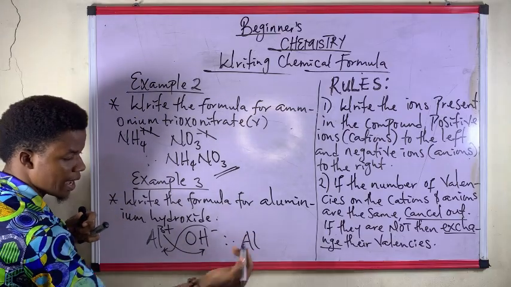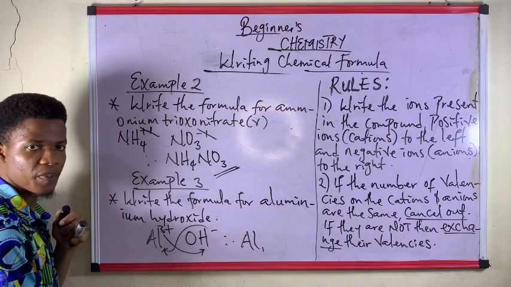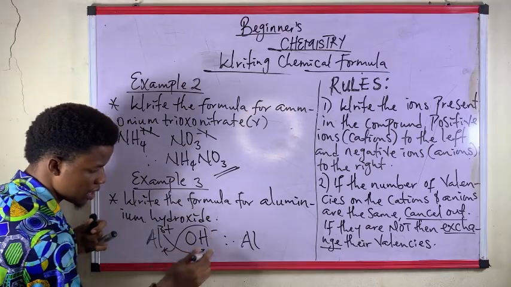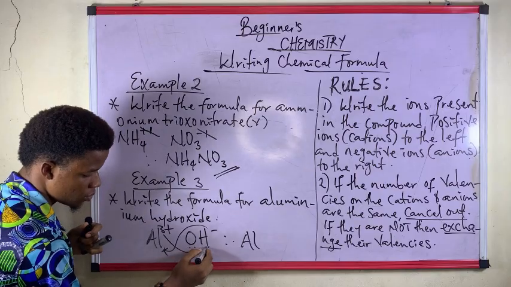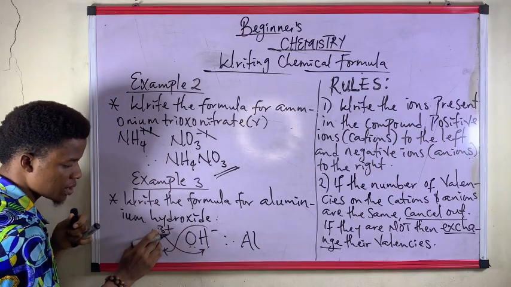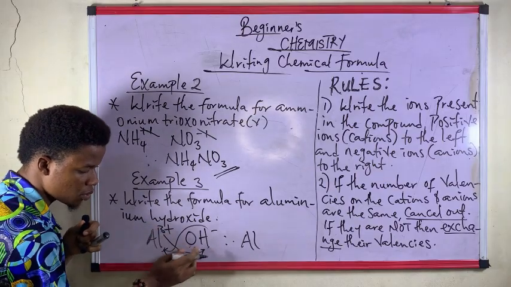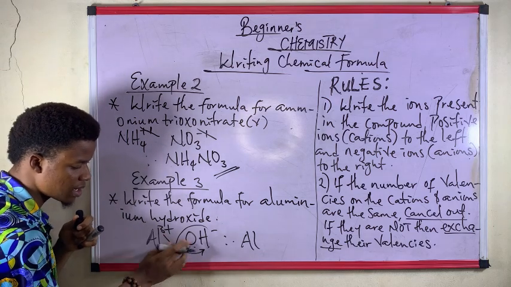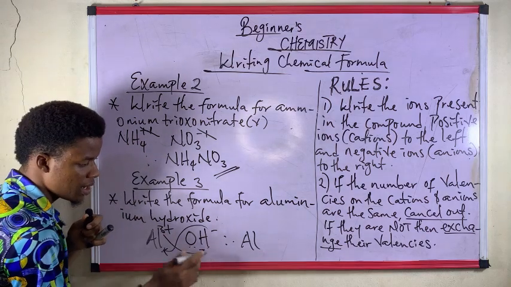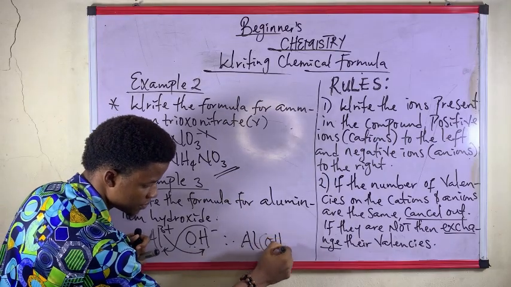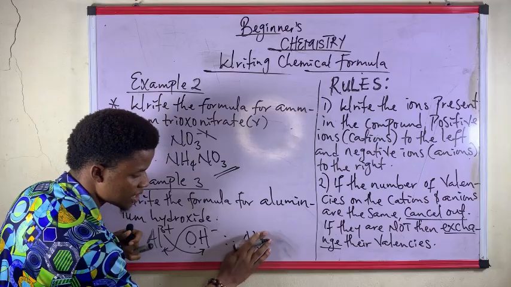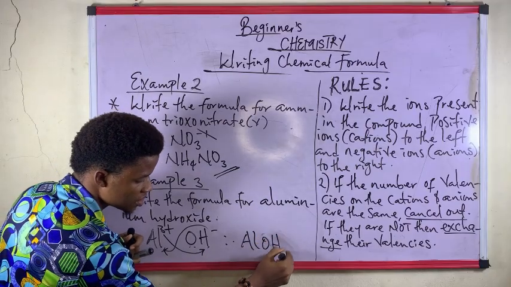Al. Now, like I said before, you cannot put 1 here. That doesn't make sense, right? So Al. Now these two are going together. This 3 is affecting both of them, and the only way you can show that the 3 is affecting both of them is to put it in brackets. Now if you do not put it in brackets, you just write it as OH3.